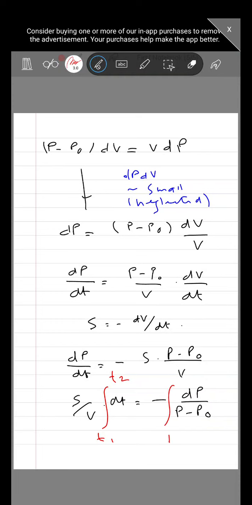The integration from P1 to P2, where P1 is the pressure at time T1 and P2 is the pressure at time T2.